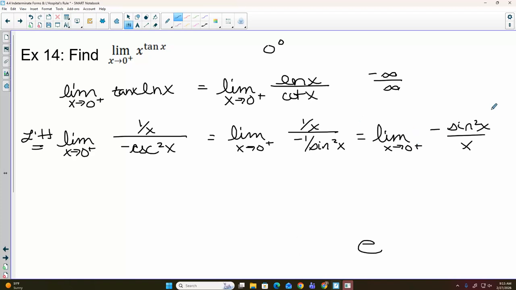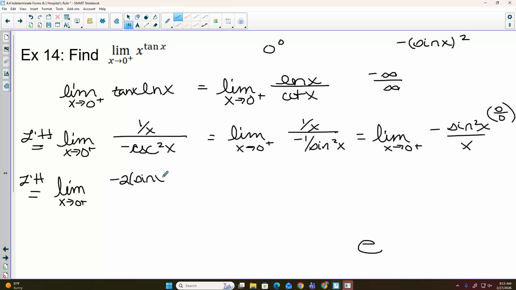Okay, that's still 0 over 0, but at least I don't have fraction over fraction anymore. So we have to do L'Hopital's a second time. So we have a negative sine squared. Remember, we think of that as a negative sine of x, squared. So chain rule, exponent comes down, inside stays the same.